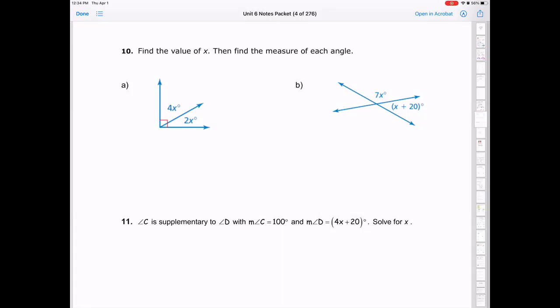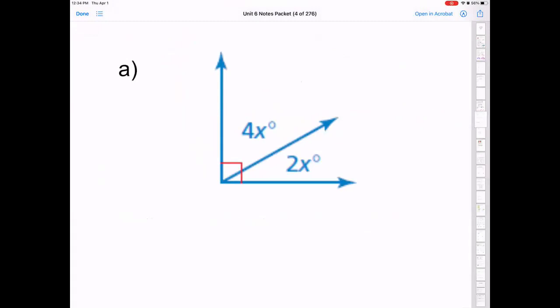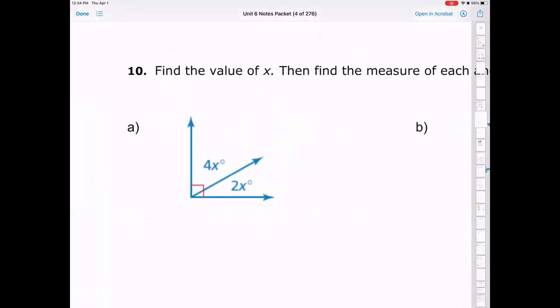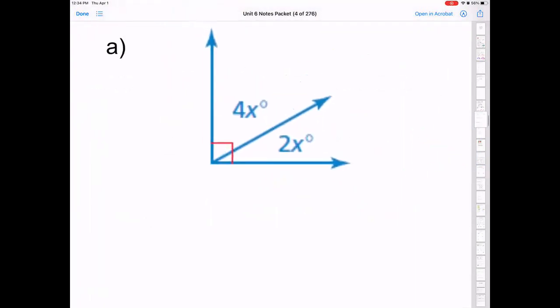Now, as we look at example 10a, we see that we have 4x plus 2x. And again, for the directions, our goal here is to find x, and then after we have found it, find each measure of those angles, okay? So we're going to have to first find what x is. Now, we know that we have two complementary angles.